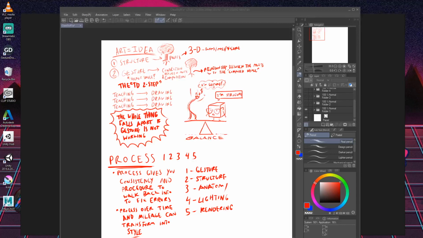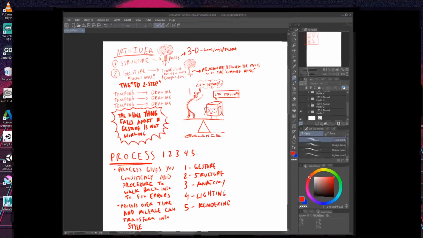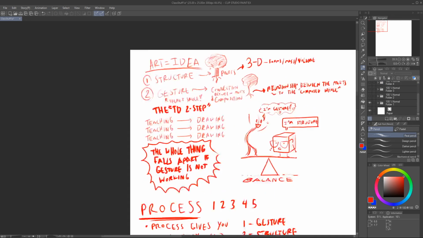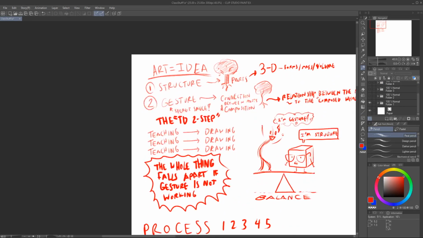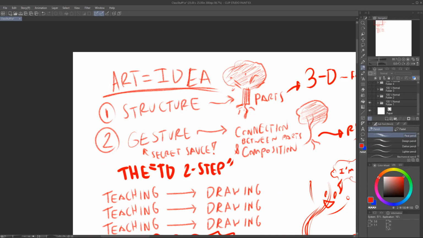Alright, so let's get started. What we're going to be walking through today is Steve Houston's method for figure drawing, and it is going to be basically a regurgitation of what I've studied in his notes.